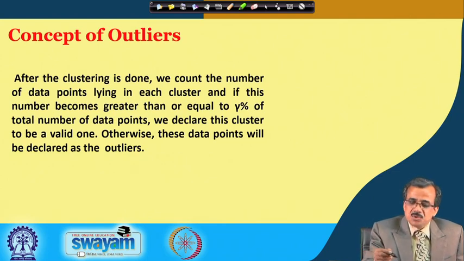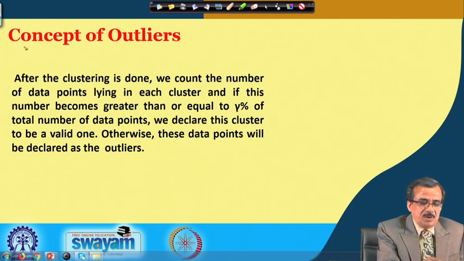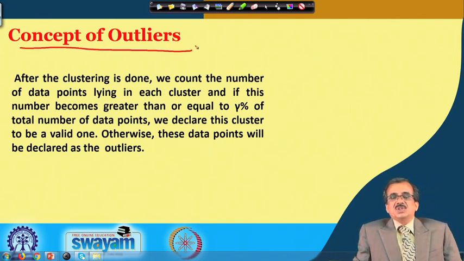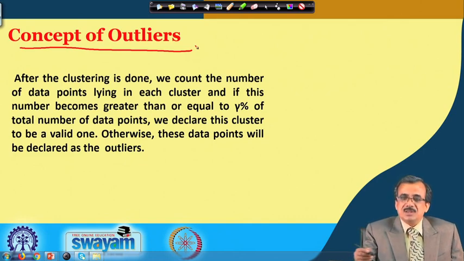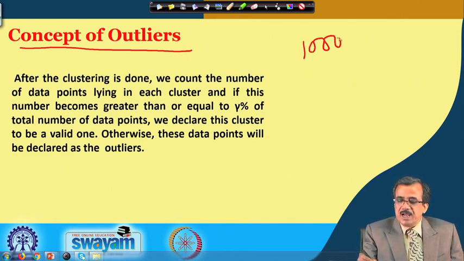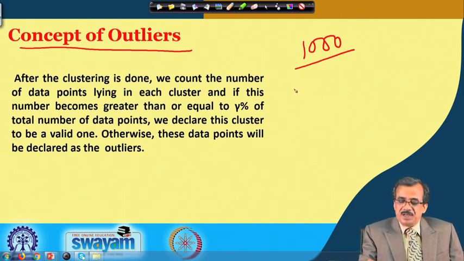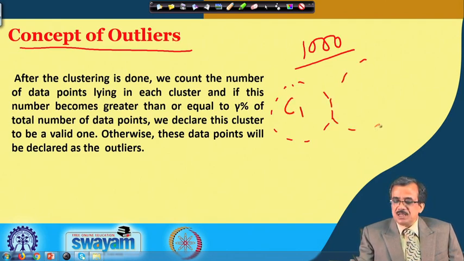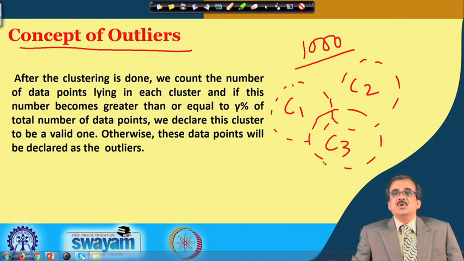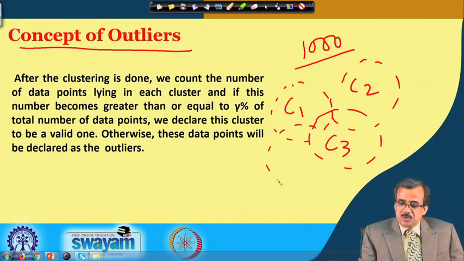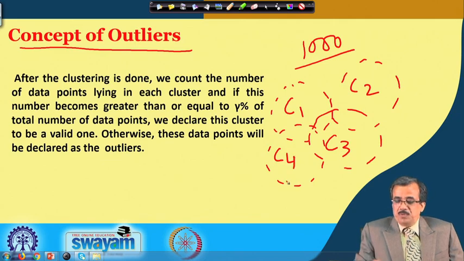Now, here I am going to discuss one concept, that is the concept of outlier. Supposing that I have 1000 data points, and these 1000 data points have been divided into a few clusters. For example, this is one cluster, this is another cluster, this is another cluster, this is a fuzzy cluster. So, there could be overlapping also. There could be another cluster, say C4.